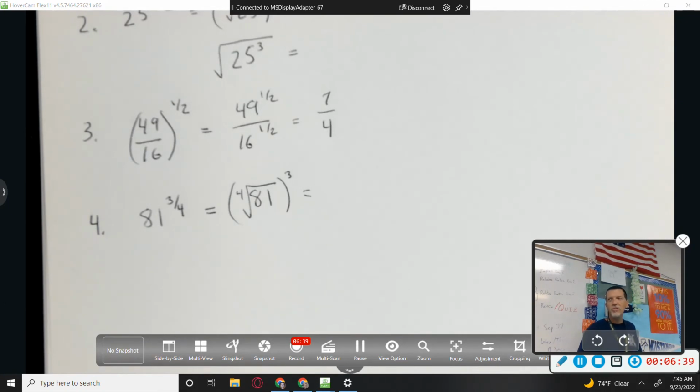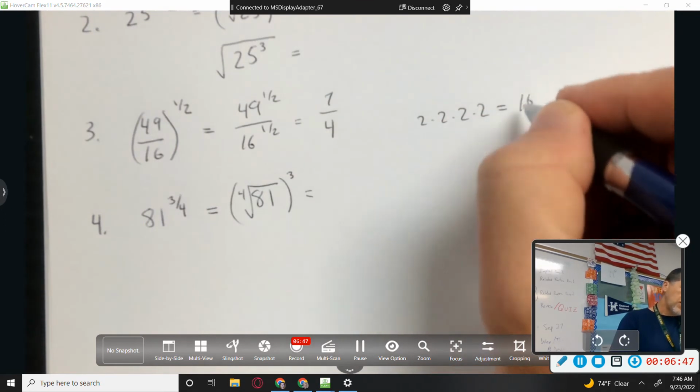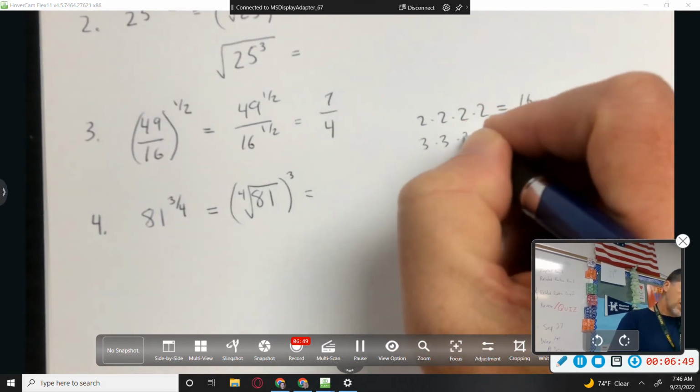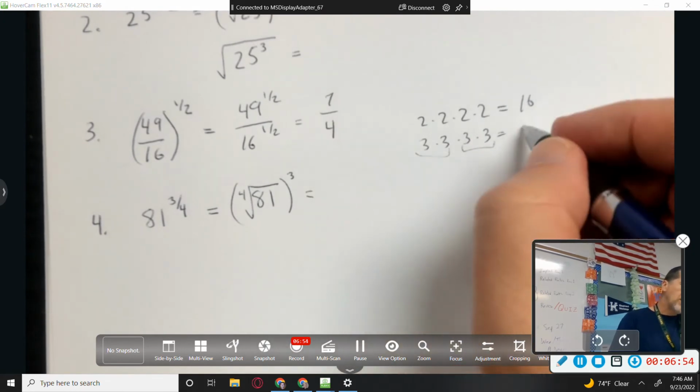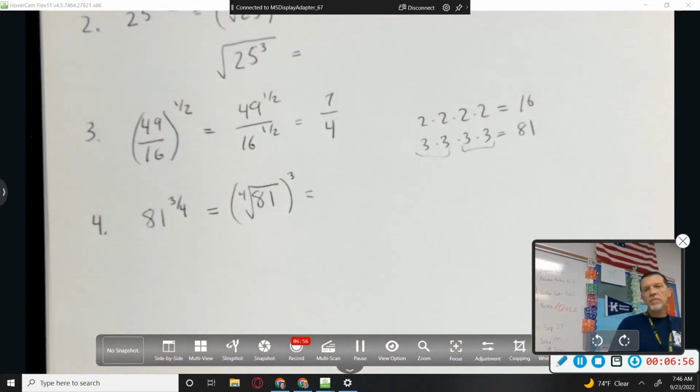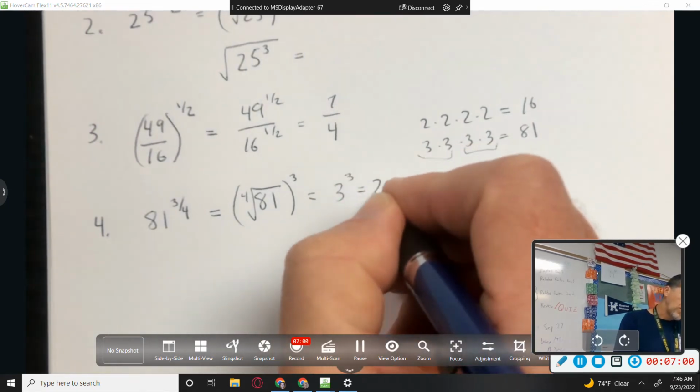So can you figure out what times itself 4 times gets you to 81? 2 four times is 16. 3 four times is 9 times 9 is 81. So the 4th root of 81 is 3, and then 3 cubed is 27.